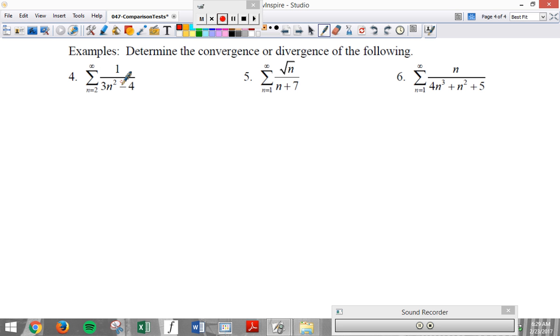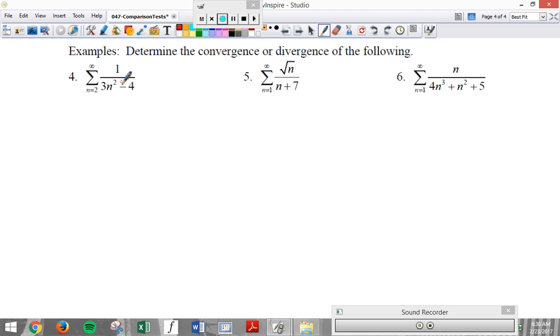If I tried the direct comparison test, I'd have something smaller that converges. And again, I don't want smaller converges. I want bigger converges or smaller diverges. What I'm saying is, after this, you might not use the direct comparison test unless you're told.